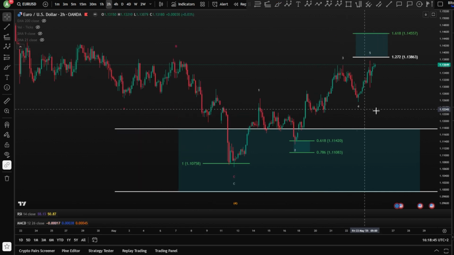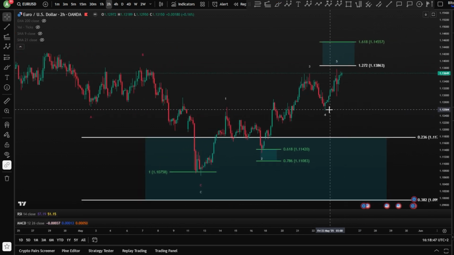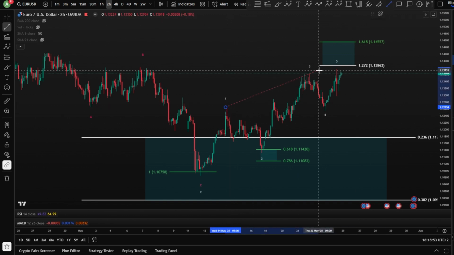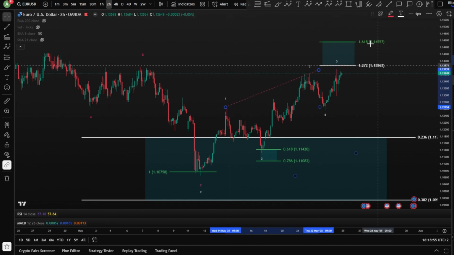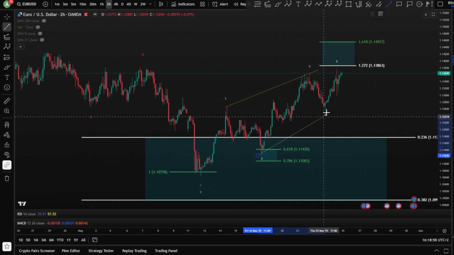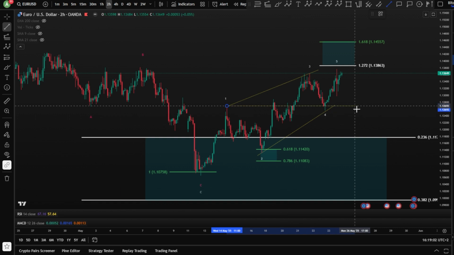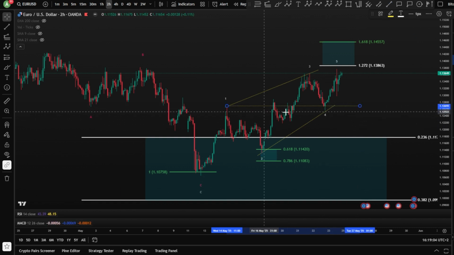Now, this is considered kind of like a leading diagonal, and that because the wave 4 has, of course, interfered with zone 1. So basically, this can be a leading diagonal here that we are looking at, and that again, because it's not allowed in an impulse to see the wave 4 interfering, of course, with the zone 1.